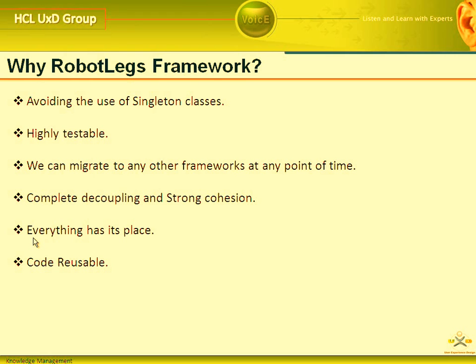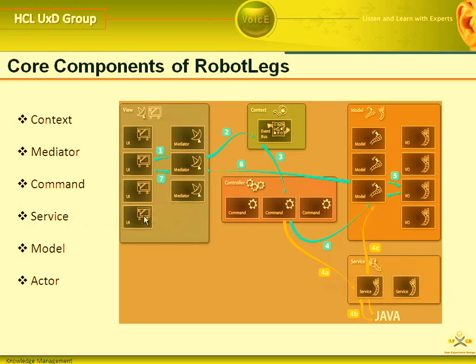In this framework, all layers are designed in a proper way to communicate with each other so that all layers have their place. And coming to code reusability, in the case of the RobotLegs framework, view is completely independent of the framework. So we can reuse the same code in another place also. And this is all about why RobotLegs framework.